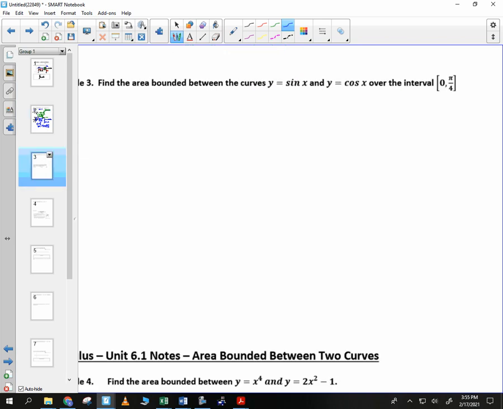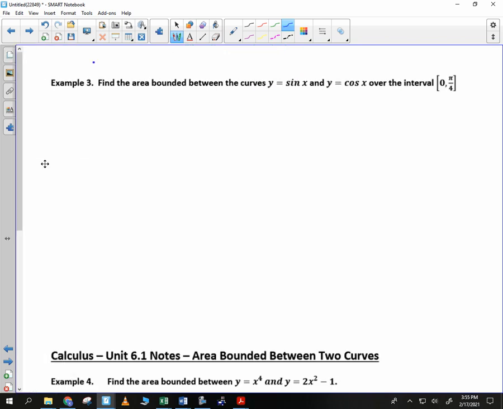Let's try a couple more. Find the area bounded between the curves sine of x and cosine of x over the interval 0 to pi over 4. Fortunately, you know what the graphs of sine of x and cosine of x look like. If I divide this up, 2 pi, this would be pi, 3 pi over 2, and then we have pi over 2.